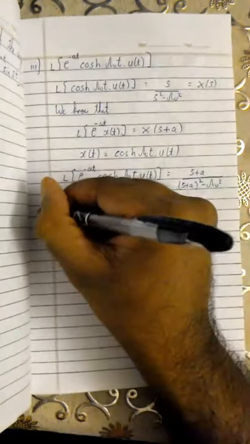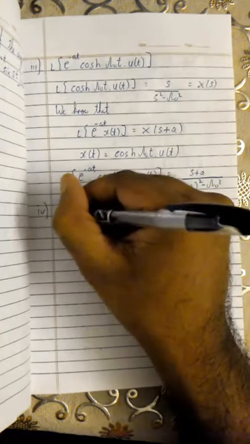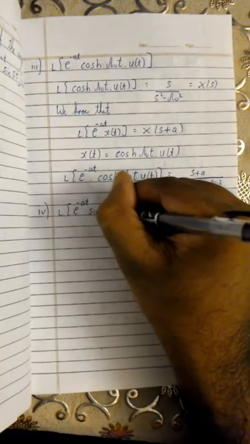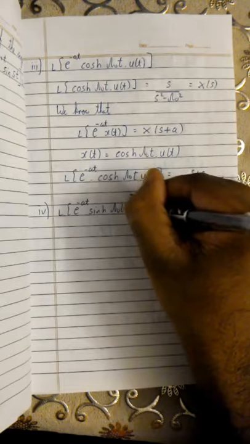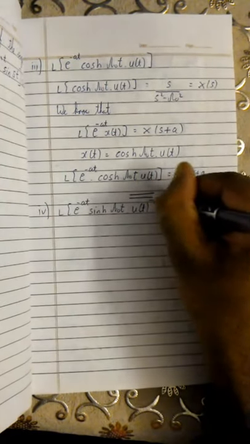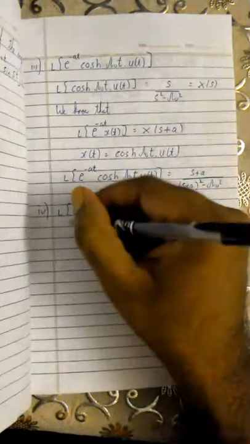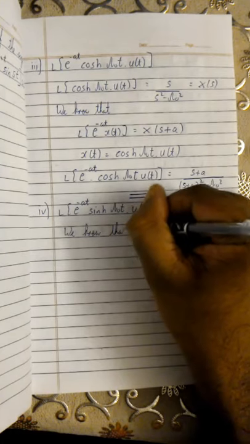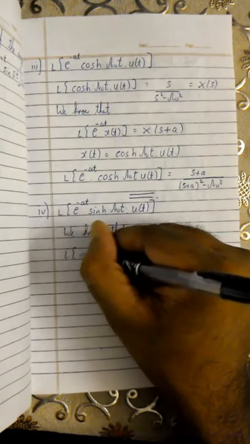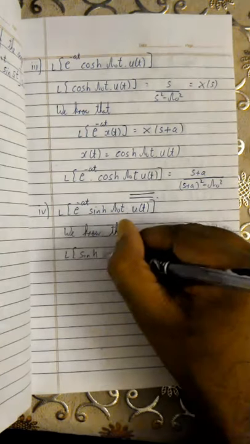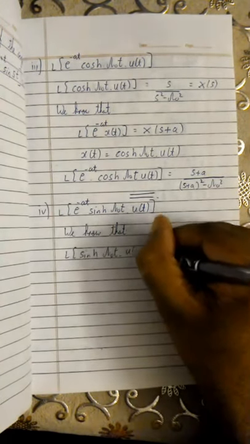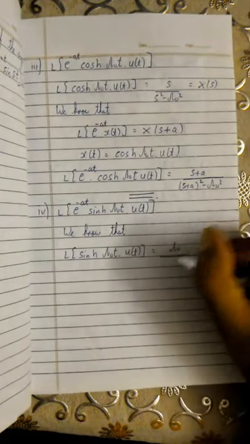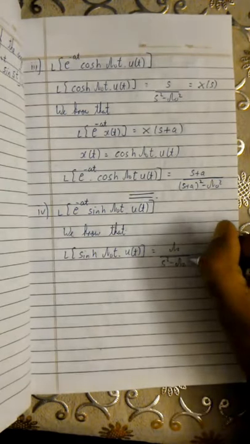now for the last question, finding the Laplace transform of e raised to minus at sinh Ω0 t into u of t. Okay, here also as usual we know that the Laplace transform of sinh Ω0 t into u of t is equal to Ω0 by s square minus Ω0 square.